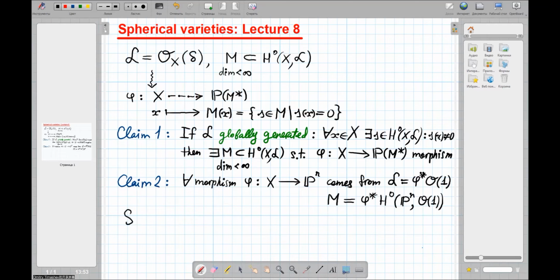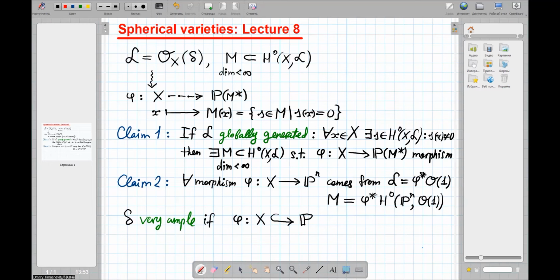So the Cartier divisor delta is said to be very ample if the map phi defined by some finite dimensional subspace of global sections of the line bundle associated with this Cartier divisor is an embedding of X in a projective space.